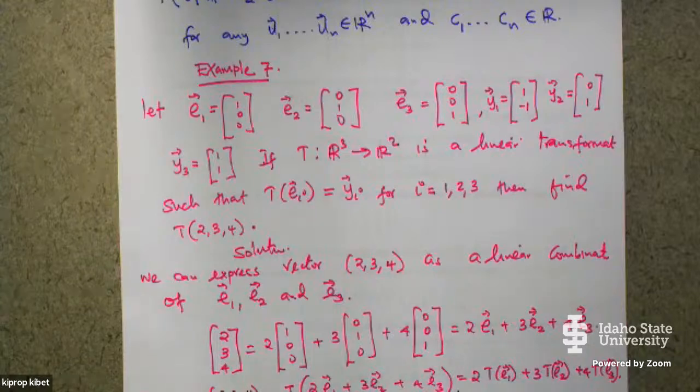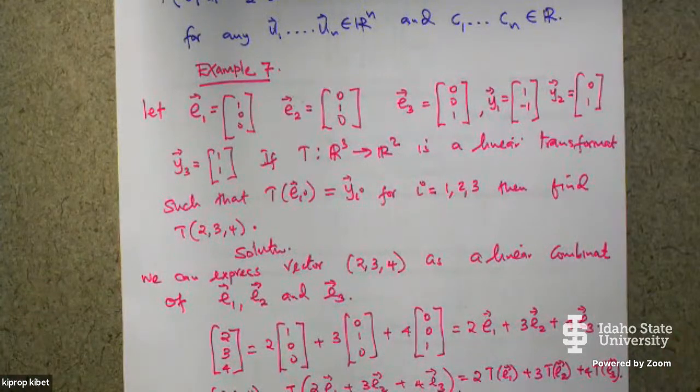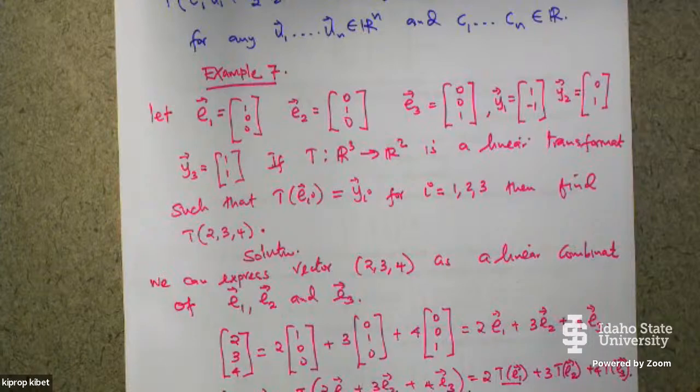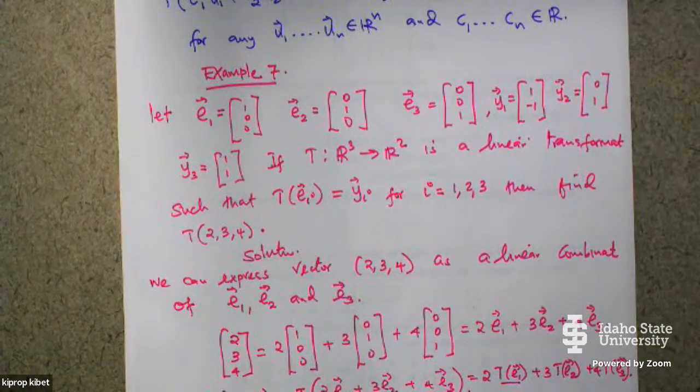So therefore, T(E1) will now be Y1. Then the transformation of (2, 3, 4) is equal to 2Y1 plus 3Y2 plus 4Y3, which is 2 times (1, -1), plus 3 times (0, 1), plus 4 times (1, 1).